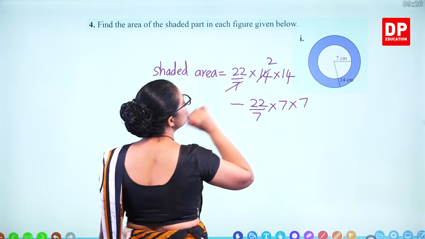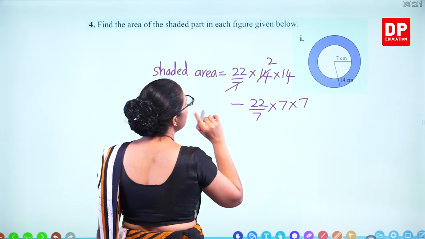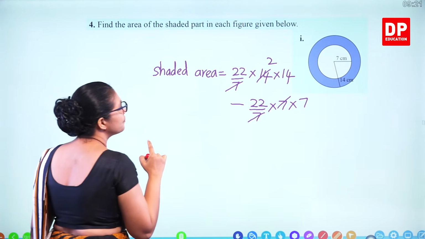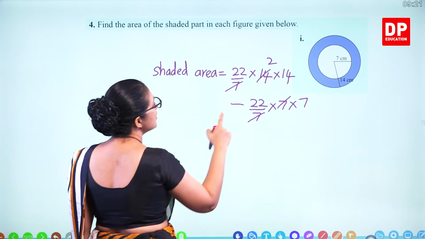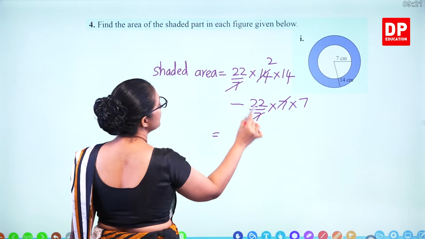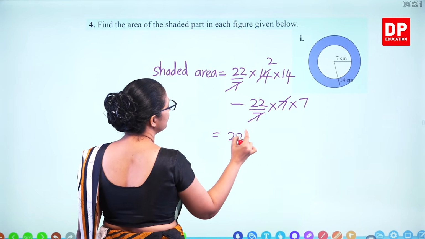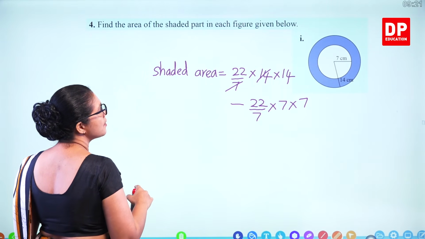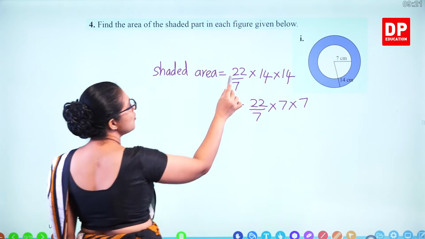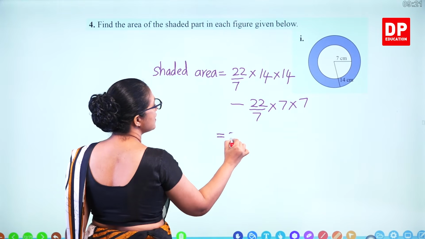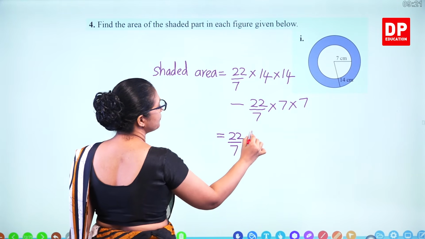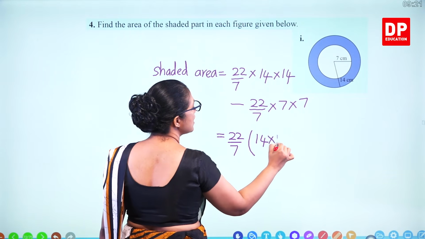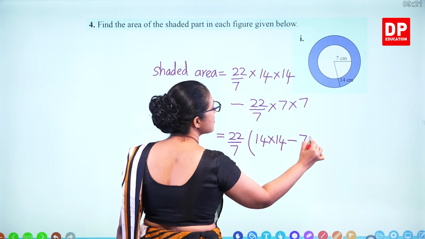7 times 2. And here we can do this one. Before crossing out, here can you see 22/7 is common? Take it out. When you take that out, this is 14 times 14 minus 7 times 7.